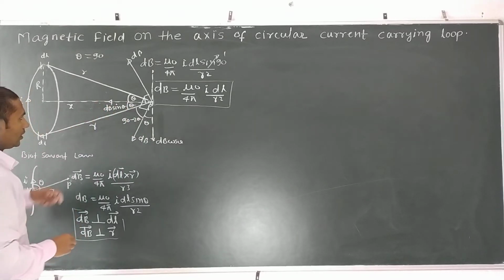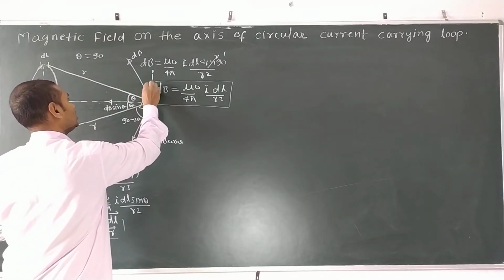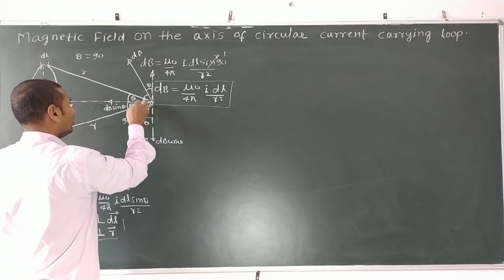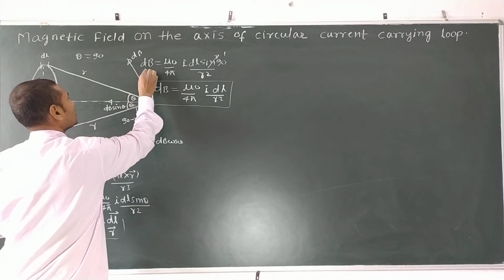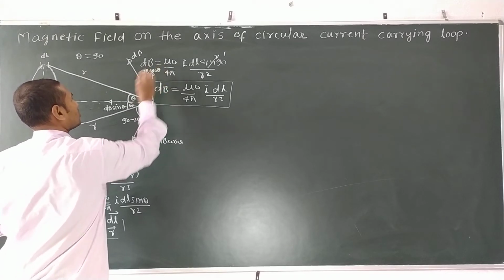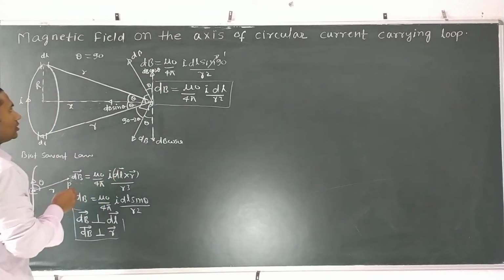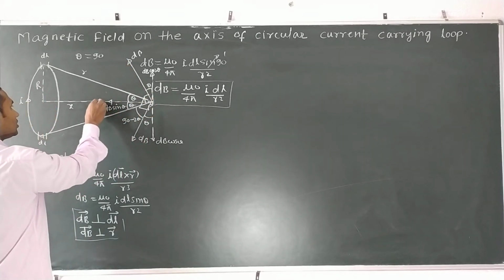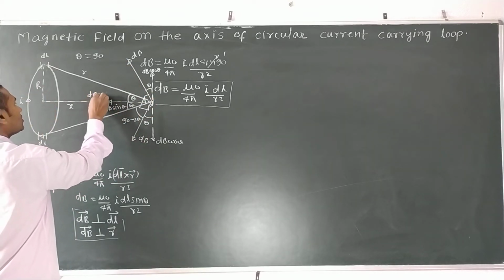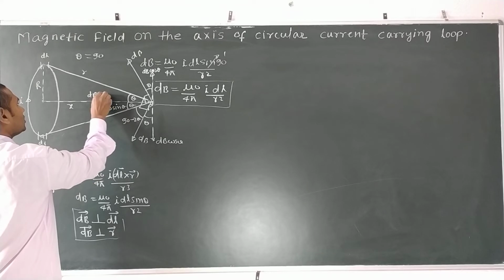And in the same way here, this one also theta, the component of this dB is dB cos theta, and the component here is dB sin theta.